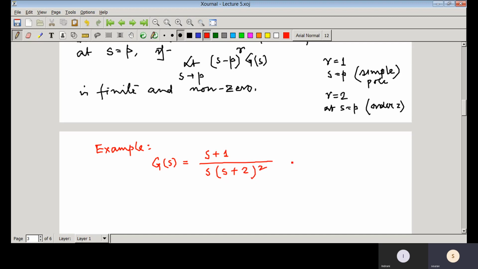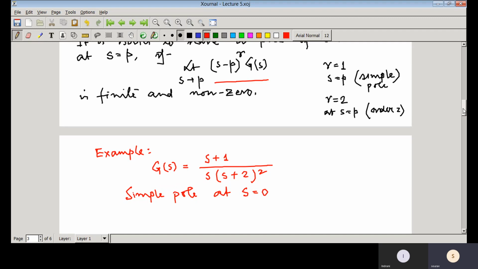Here, if you apply this particular definition, you can see that you have a simple pole at s equal to 0.